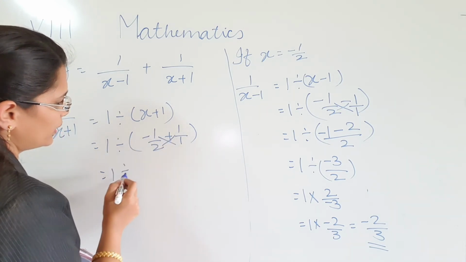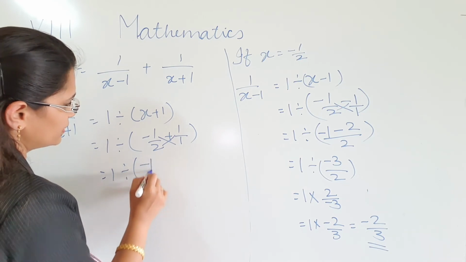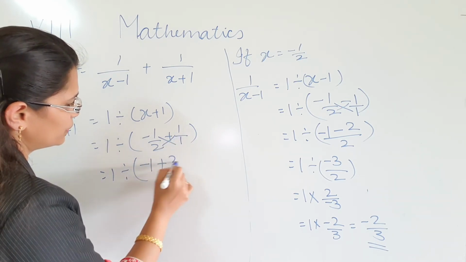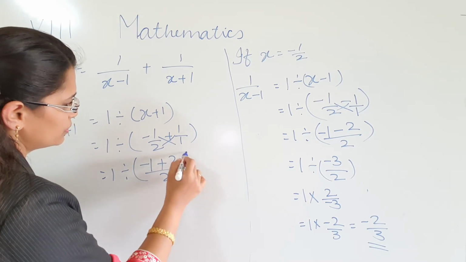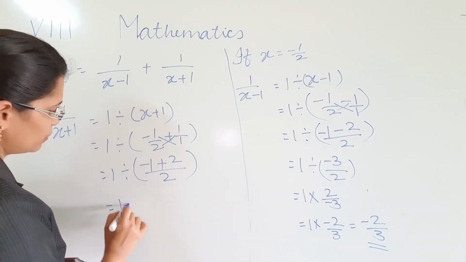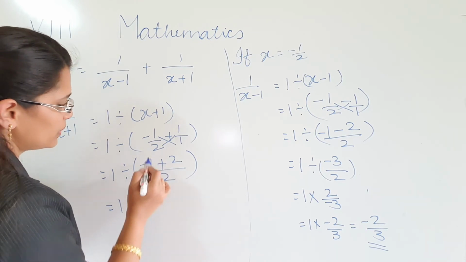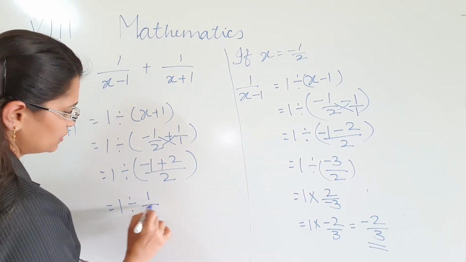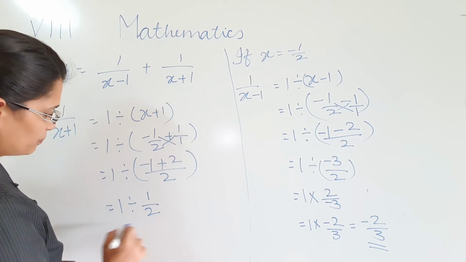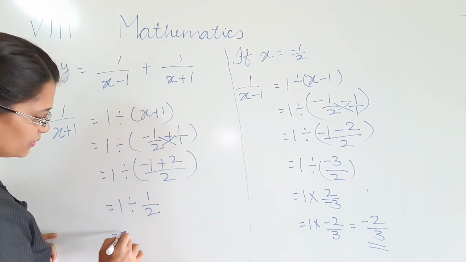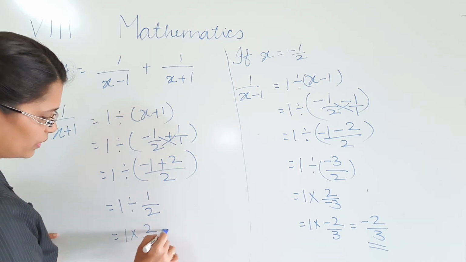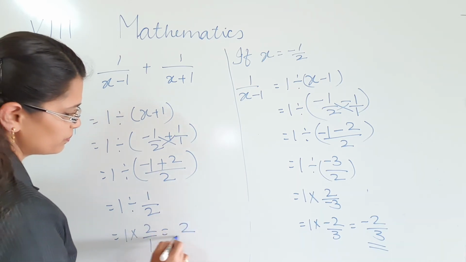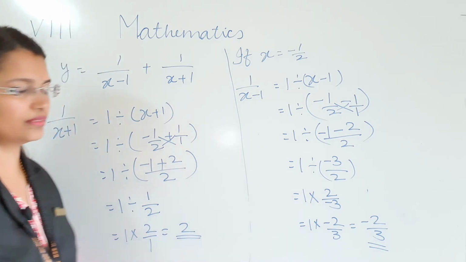Minus 1 into 1 is equal to minus 1, plus 2 into 1 is 2, divided by 2 into 1 is equal to 2, is equal to 1 divided by 2 minus 1 is equal to 1 divided by 2. How can you divide a fraction? Take the reciprocal and multiply. 1 into 2 by 1 is equal to 1 into 2 is equal to 2. This is the answer.